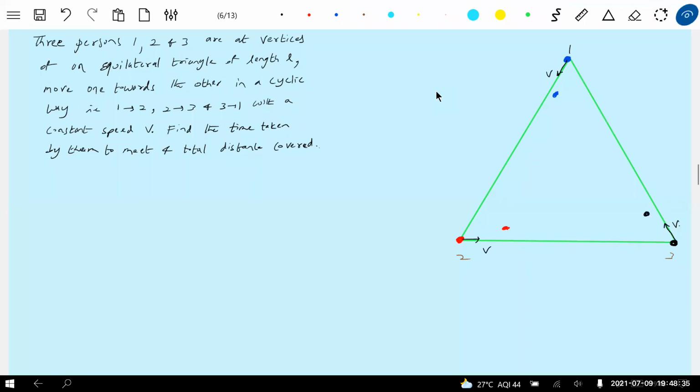Why can't it be on the same straight line? Because when 2 comes here, its velocity should be directed in this way. So therefore, he will leave this path. So finally, they will meet at the center of the triangle. So the path of this will be like this, path of this will be like this.